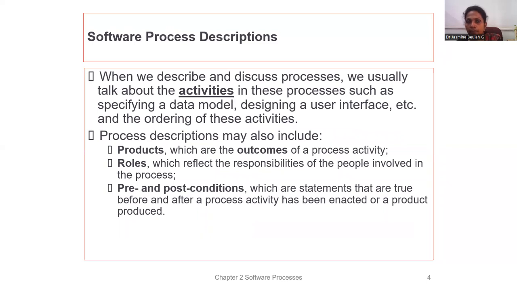So the process descriptions include products, which are the outcomes of a process activity, and their roles, which reflect the responsibilities of the people involved in the process, and then the pre and the post conditions, which are the statements that are true before and after a process activity has been enacted or a product has been produced. So these are the three different process descriptions that are included in any software process model.